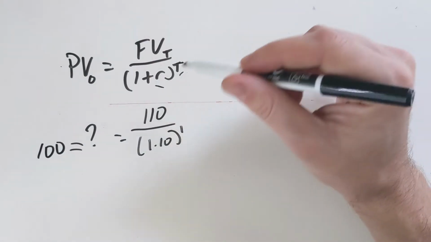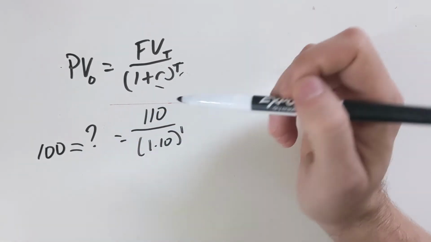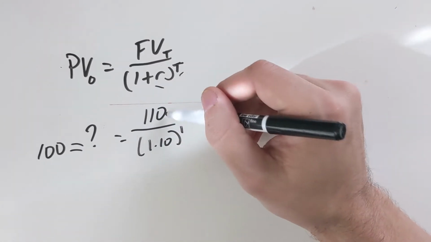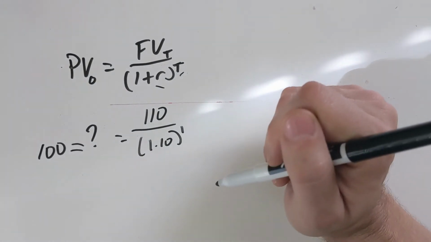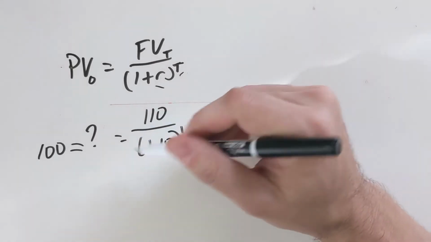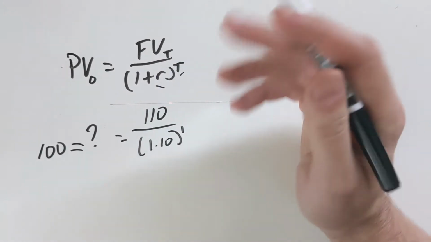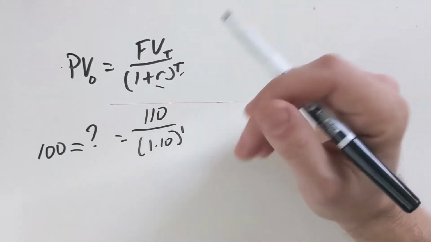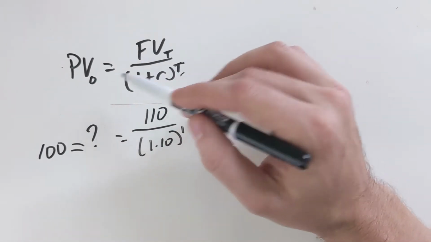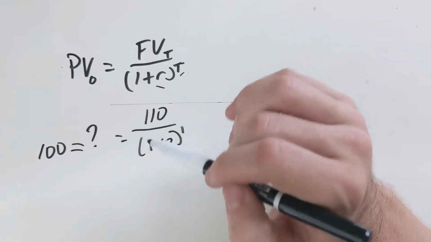And what we would say is, hey, if you give up $100 right now and let me use your money for a year, in a year, I'll give you back $110, right? And if interest rates are 10%, then this would be a fair deal. Nobody's really getting a deal, a benefit. It's just, hey, that's just what's going on in the market. And so that's the basics of how to do a present value, future value relationship.